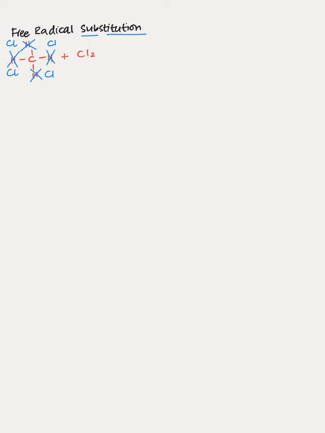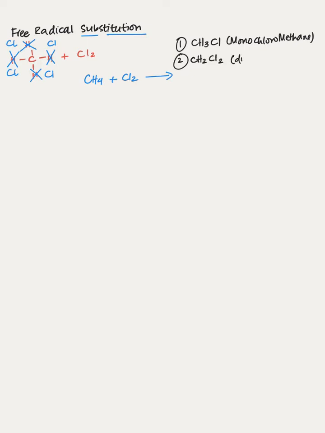So whenever an alkane, for example methane, undergoes free radical substitution with Cl2, it can give us 4 products. The first is CH3Cl, which is called monochloromethane. Then you can also have dichloromethane, in which 2 hydrogens are removed and 2 Cls are added.